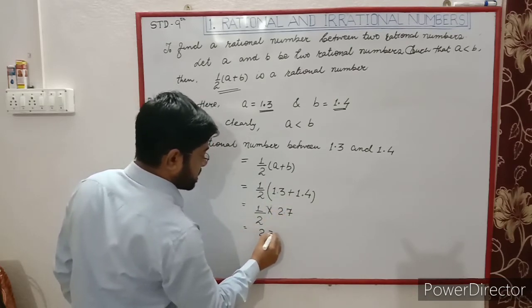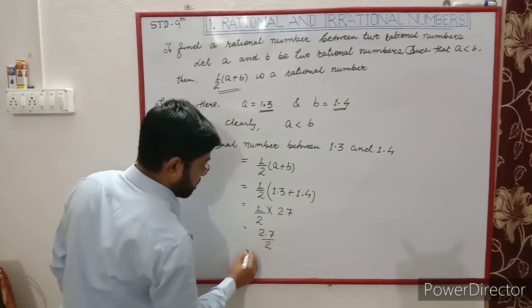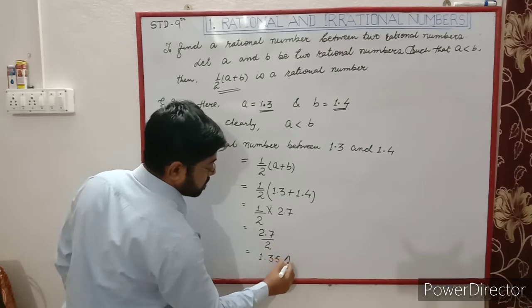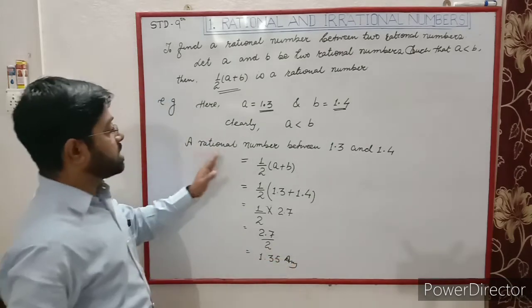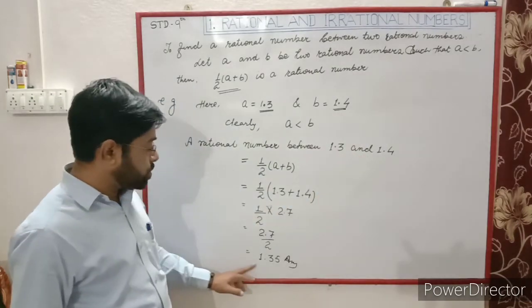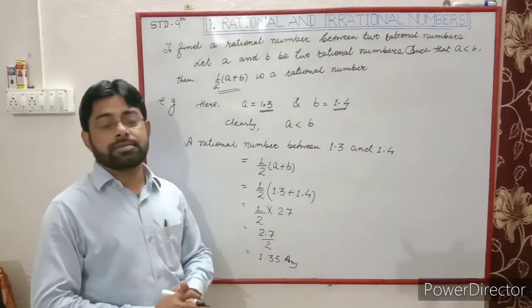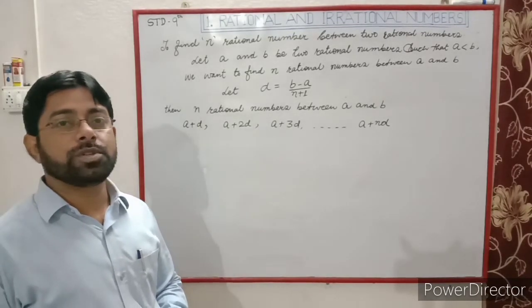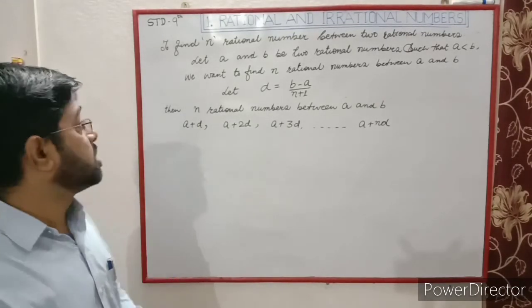Now 2.7 by 2, the value is 1.35. So we have a rational number between 1.3 and 1.4, which is 1.35.